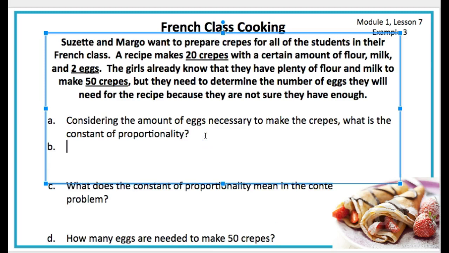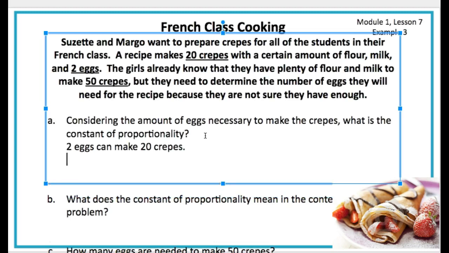So we know that 2 eggs can make 20 crepes. So using our equation of y equals k times x, we're going to substitute 2 for y equals k times 20.